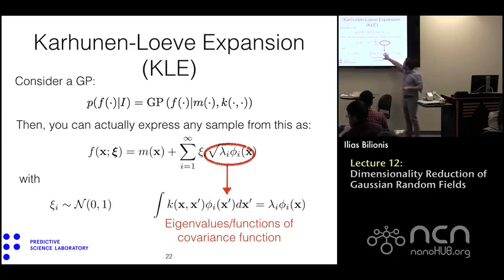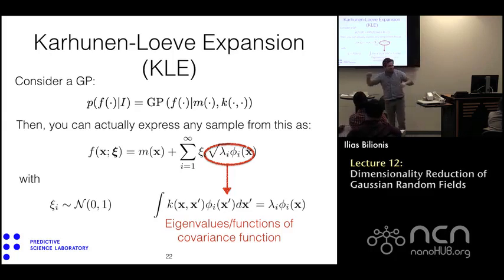So this equation that you see right here is basically a generalization of the matrix eigenvalue problem to covariance functions. So you have like a matrix times a vector gives you lambda times that vector, okay? But here you have a matrix that has continuous labels instead of i and j, right?